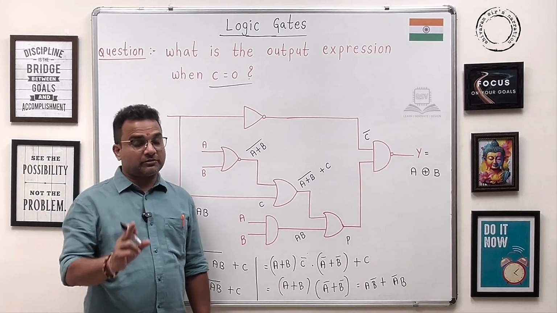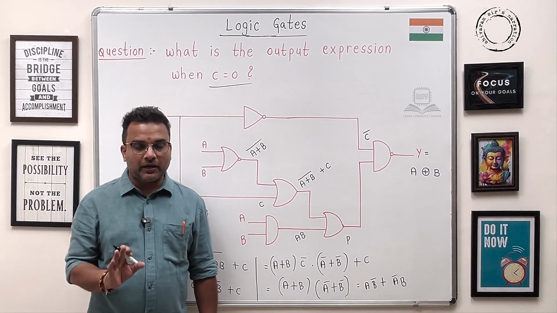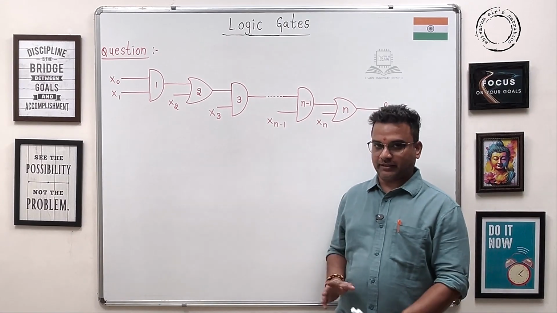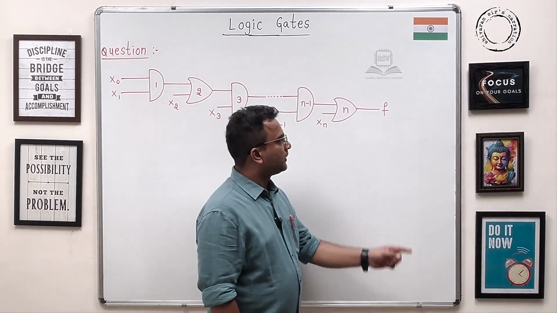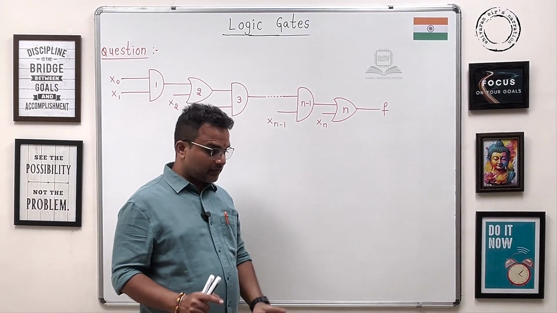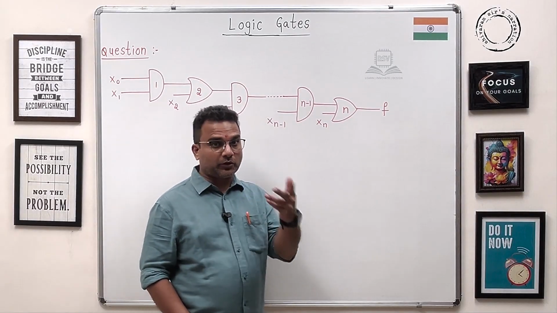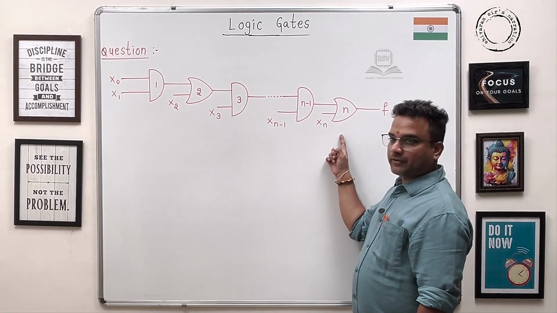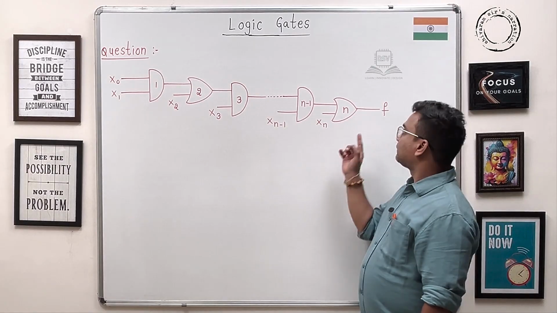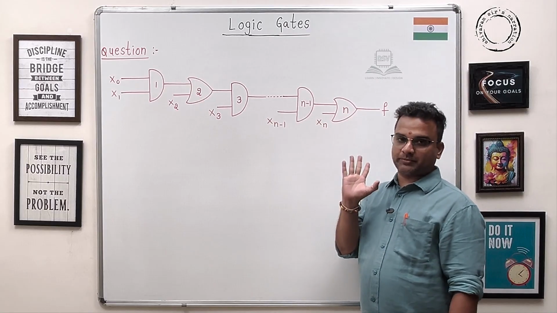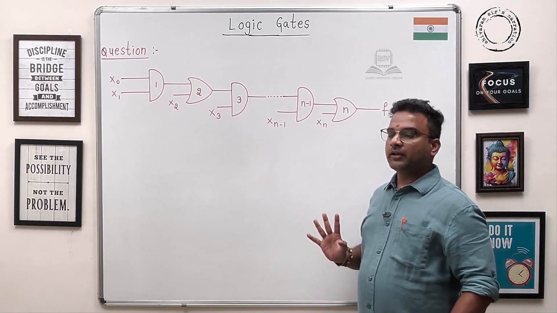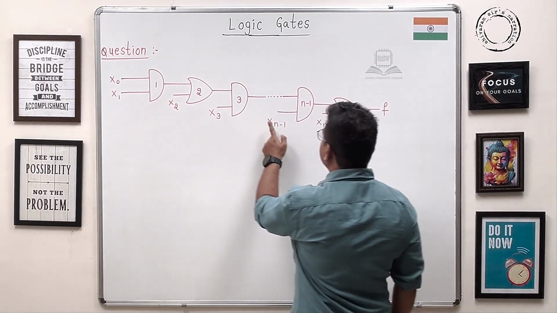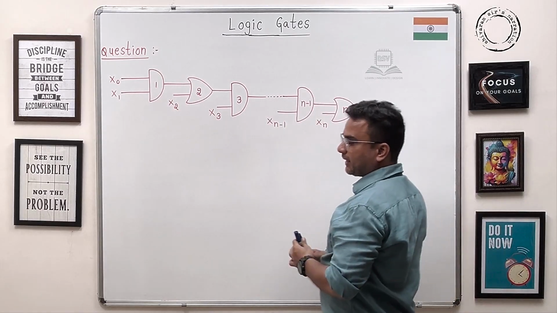Logic optimization is very, very important in our journey. Right? Now for this given design, we need to find out F. Guys, it is a little level 2 question, because for n number of gates, we need to provide the output expression. You see this 1, 2, 3 and so on up to n.